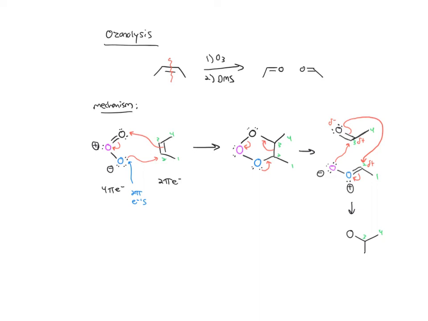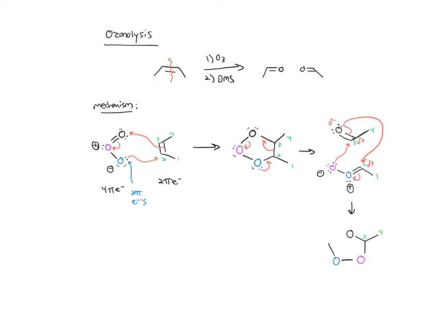So that's going to be our purple oxygen. Purple oxygen is still bound to blue oxygen. And blue oxygen is still bound by one bond to carbon 2. So let's go ahead and draw that bond to carbon 2.